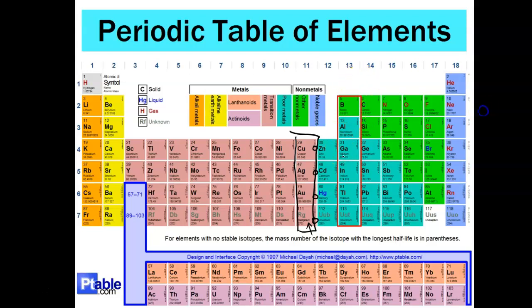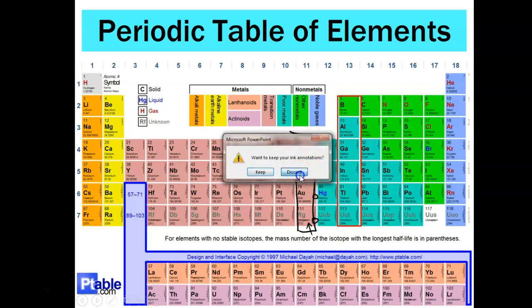Here's our insulators. Let's see if I can bring up a bigger one, guys.